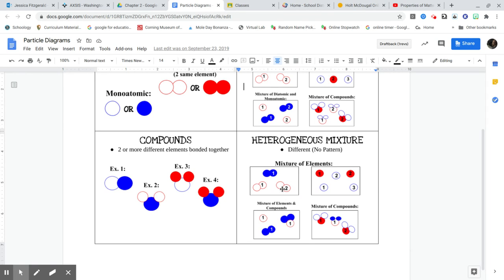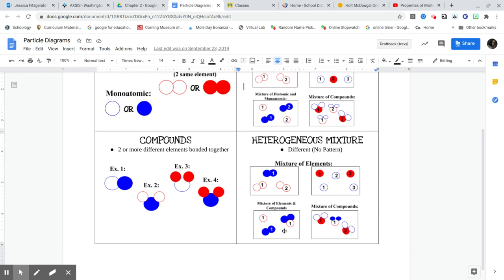They're different. So if we look at this one here, this is a mixture of diatomics. We have 1 diatomic and then 2 of the same diatomic. So it's not the same, it's a different pattern. Here we have a mixture of monoatomic elements. Again, we have 2 of one type of element or atom and 3 of a different one. So it's not the same pattern.